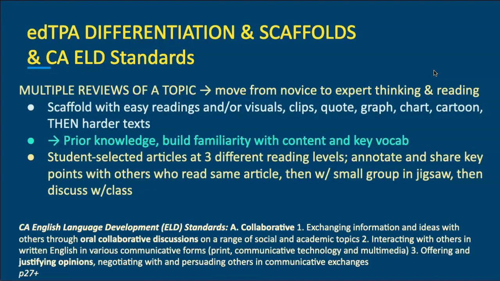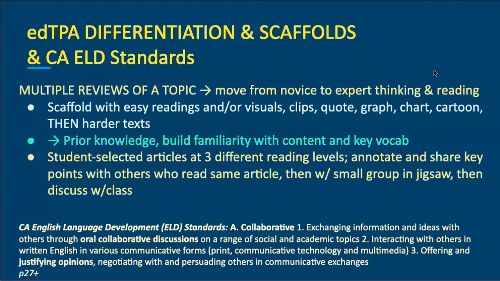One way to provide differentiation is by having the students select articles at 3 different reading levels. So a teacher would provide 3 different readings. Students can look at them and pick which one they want to read. And then they would annotate and share key points with others who read the same article.